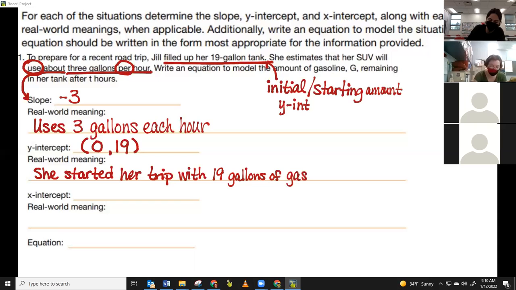All right. Since I have the slope and I have the y-intercept, I have enough information to write an equation. I want you to read the last sentence up there really carefully because they tell me what variables they want me to use. What variables are they asking me to use?